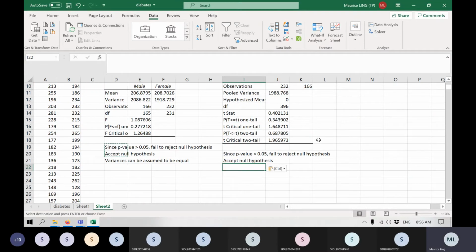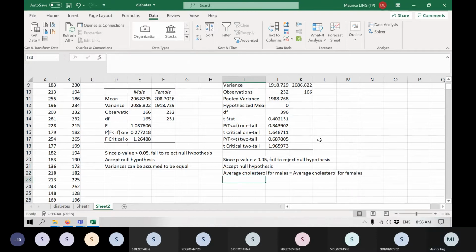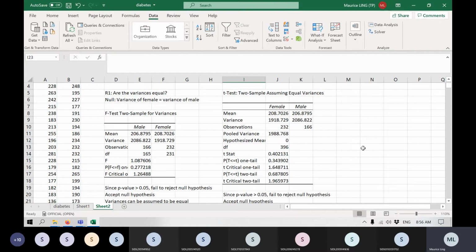It means that the average cholesterol of males has no difference to the average for females. All right, so that's how you do your t-test.